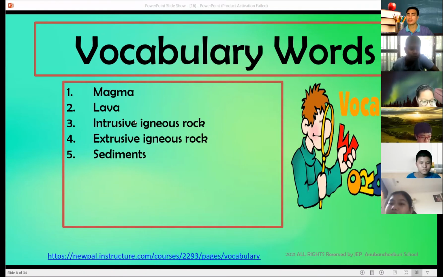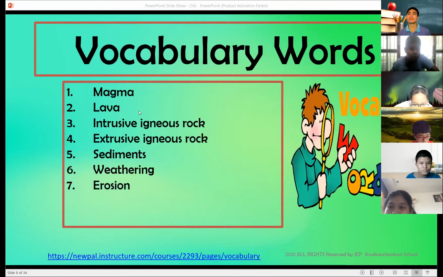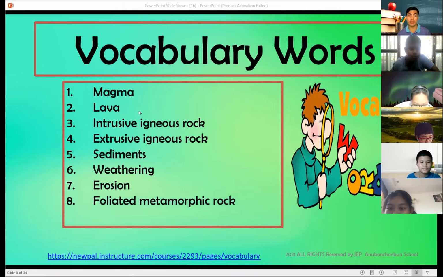Sediments. Weathering. Erosion. Foliated metamorphic rock.